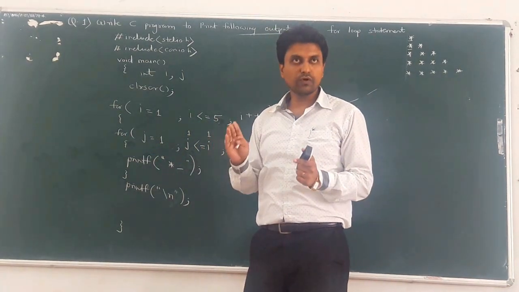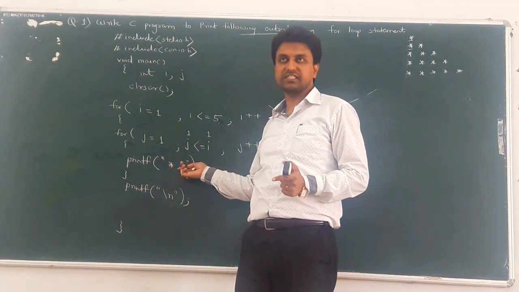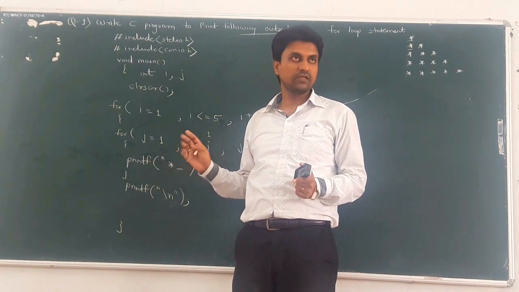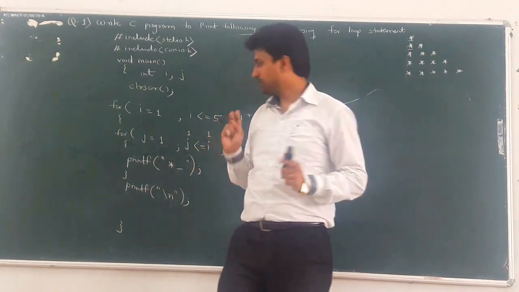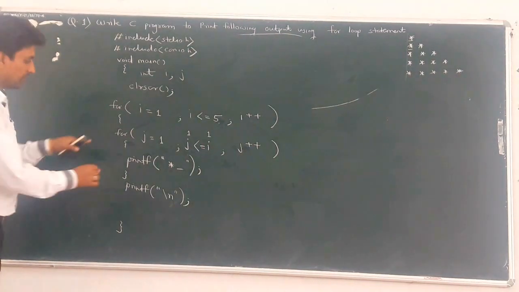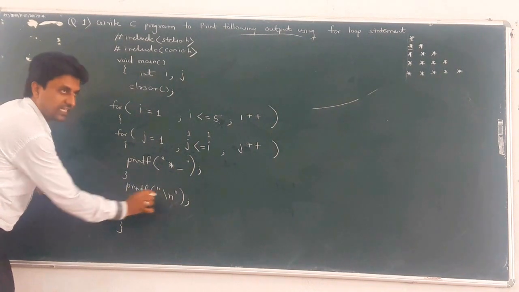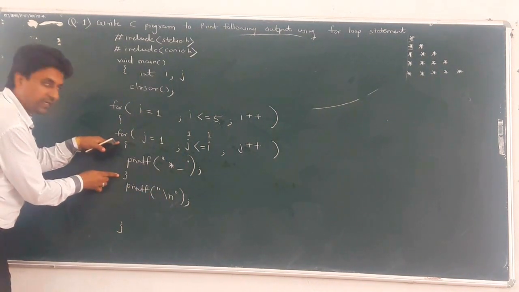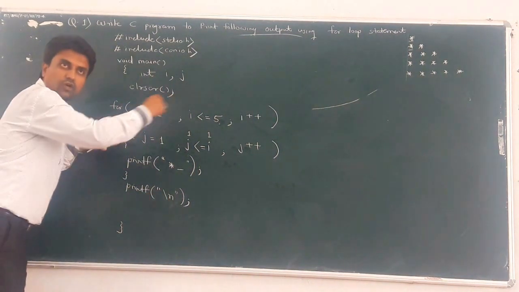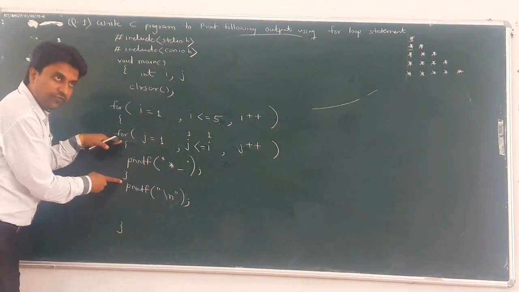And what is the output? What do we want to print on the console? Star and space. Star and space. Understood? So now check the result, how it works. After that, printf \n. What is the meaning of that? After printing one total row, the first row, all columns are printed by the inner for loop.